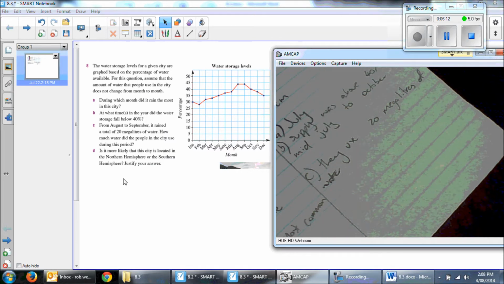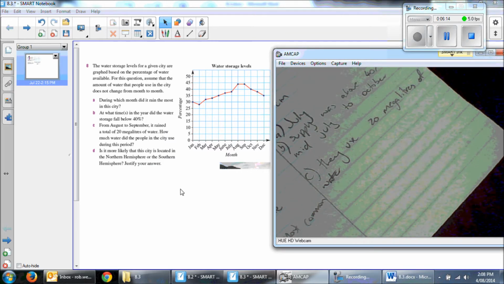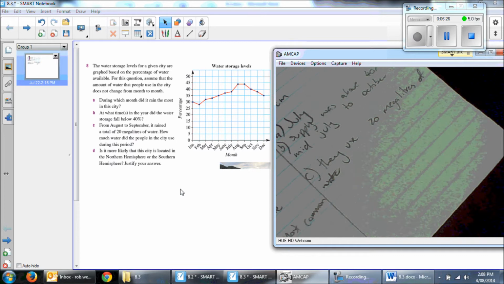And is it more likely that this city is located in the northern or the southern hemisphere? Justify your answer. Well, I'm not going to tell you the answer. I'll give you a chance to answer this one, but I will say this. Here on the Gold Coast, in most places, particularly in Queensland, we get the most rain during summer and not winter.